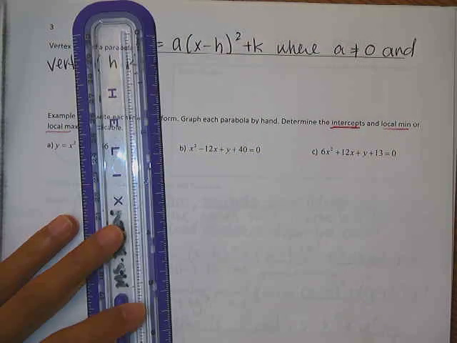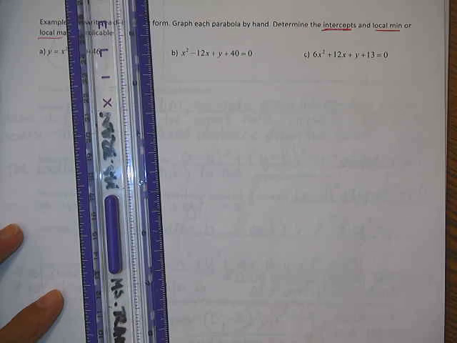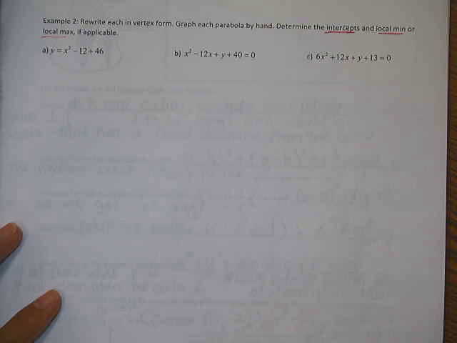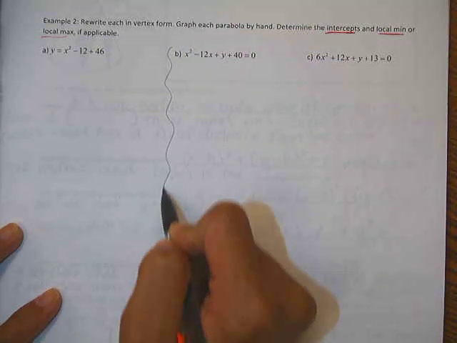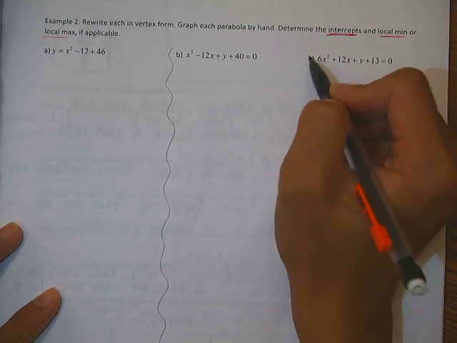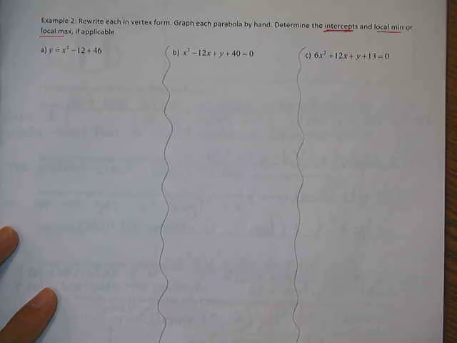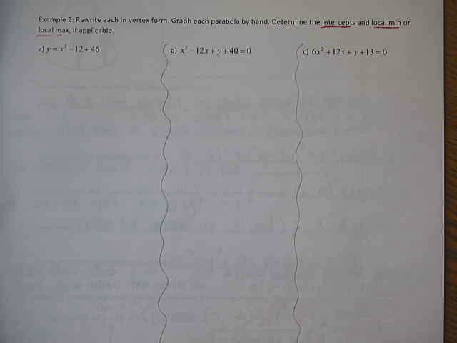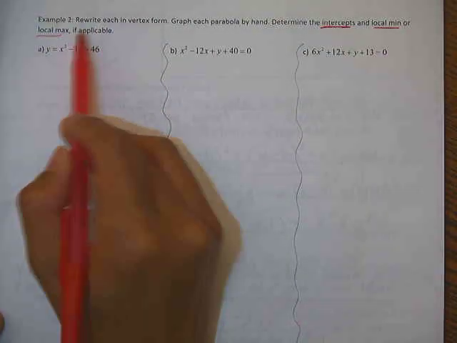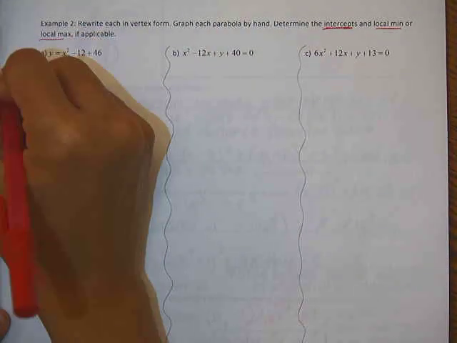So let's see, should I space this out so I don't invade the other spots? Okay, let me use a pencil. I tend to really do invade the other problem's personal space, so this way I won't. Okay, let's rewrite in vertex form, and then we'll put an answer here.